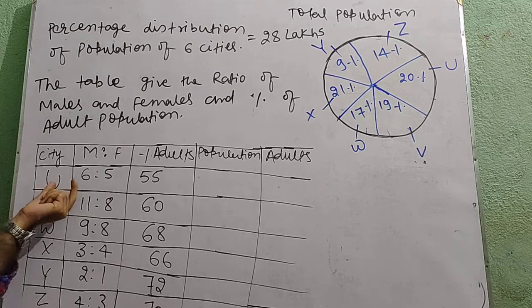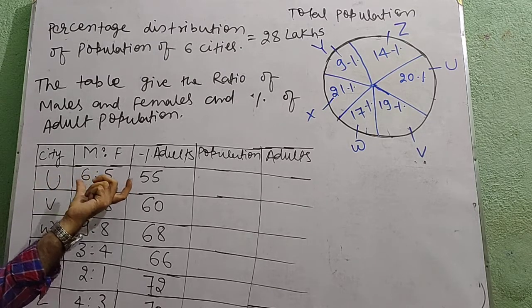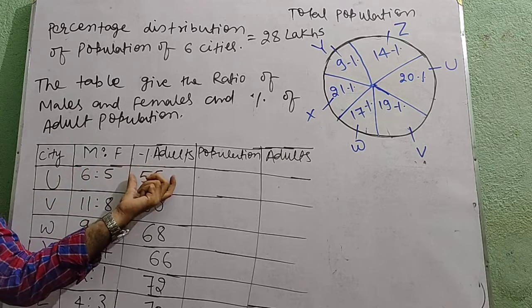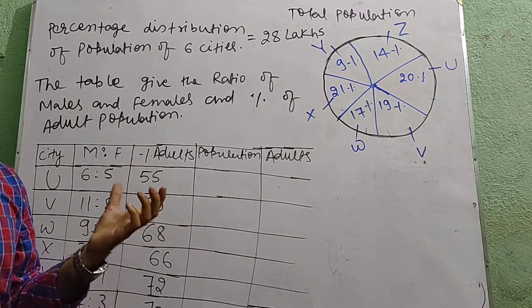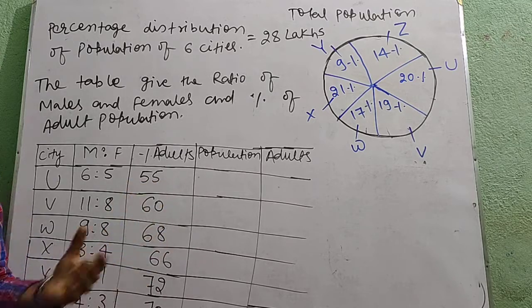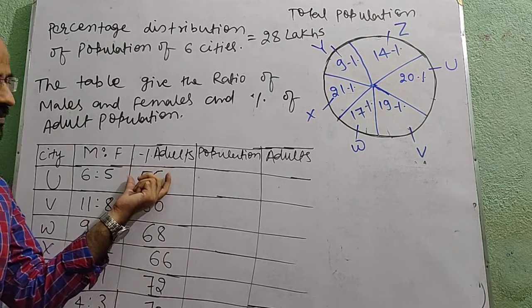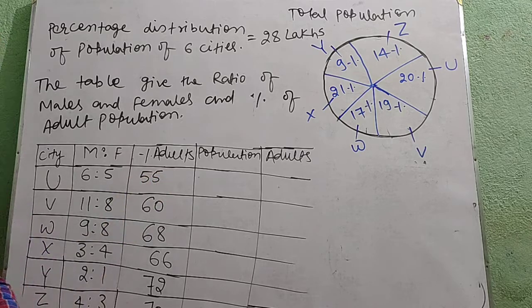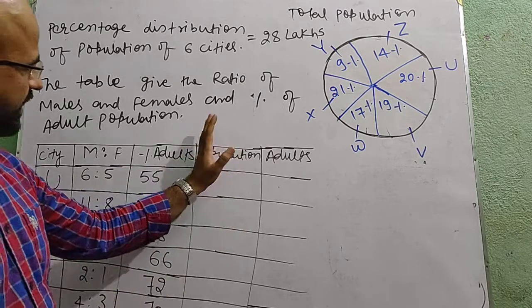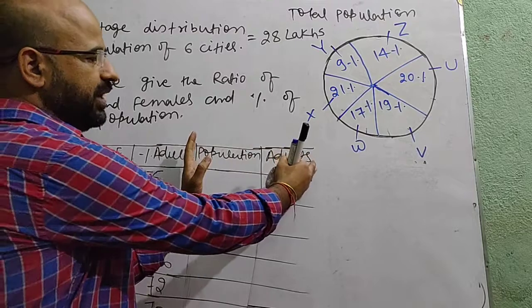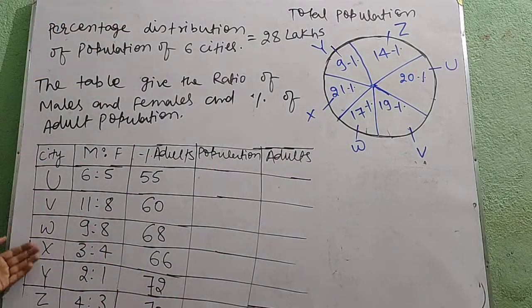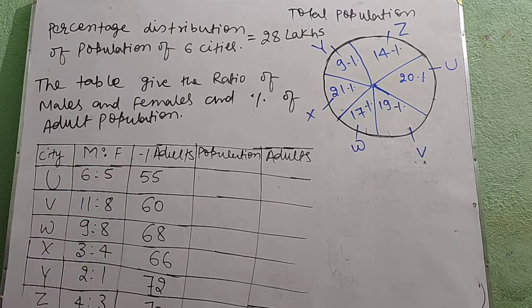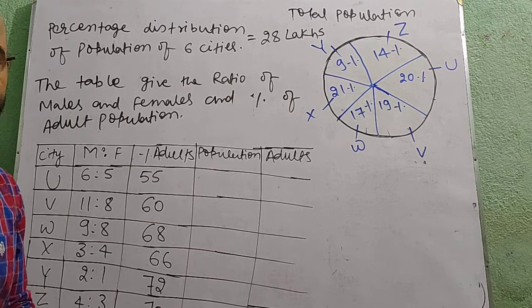In city U, the ratio of male and female is 6:5, and the percentage of adult population, adult meaning above 18, is 55%. I have written only this part of the question to solve it. Similarly for V, W, X, Y, Z, the male and female populations and percentage of adults are given.